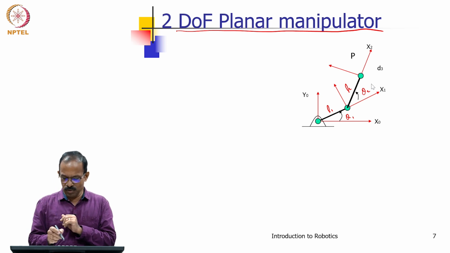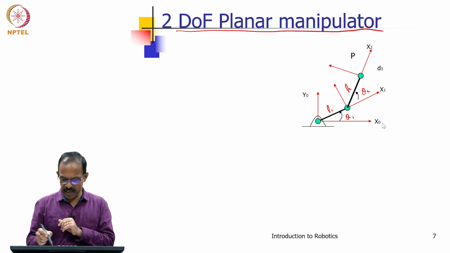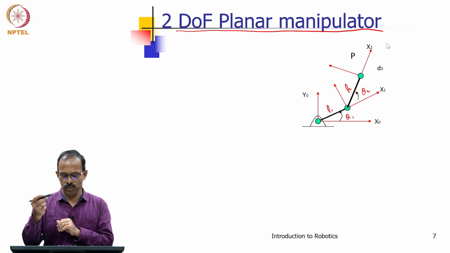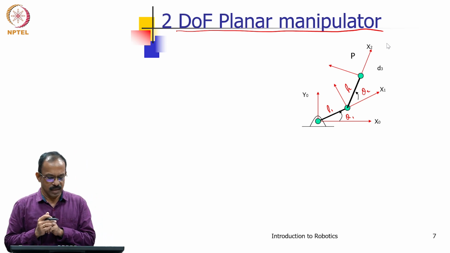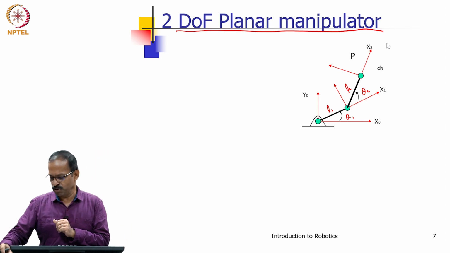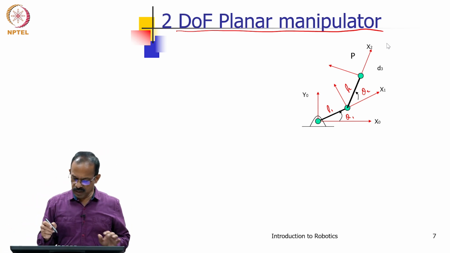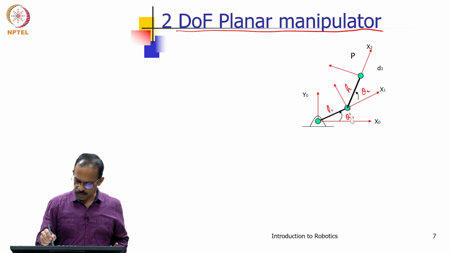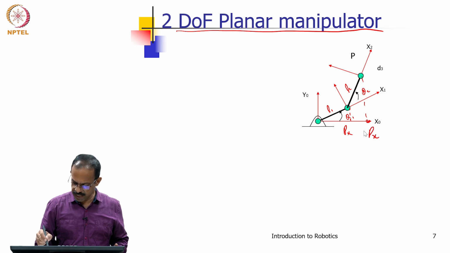We will do the same process: assign the coordinate frames x0, y0, x1, y1, x2, y2, etc., and then get the forward kinematics. So now we need this forward relationship. This is px and this is py.